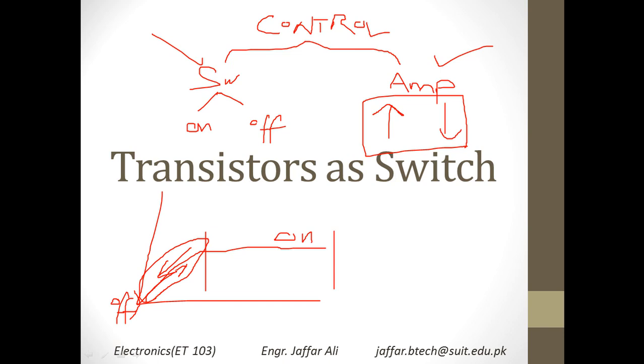So we will focus our class today on these two modes: the saturation mode, where the device is completely turned on, or you can make it off. So we will concentrate on this area, where you have the switch on and off.